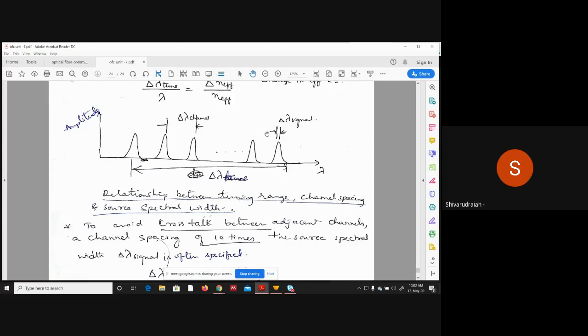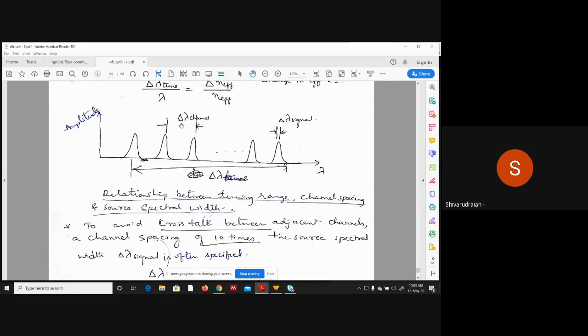If delta lambda signal, the width of each signal, is say 1 nanometer, then it can accommodate up to 50 different channels between 1300 and 1350. If the width of each signal is constant, equal to 1 nanometer, we can place 50 such different wavelengths, or we can tune the laser source to produce such 50 different wavelength signals.